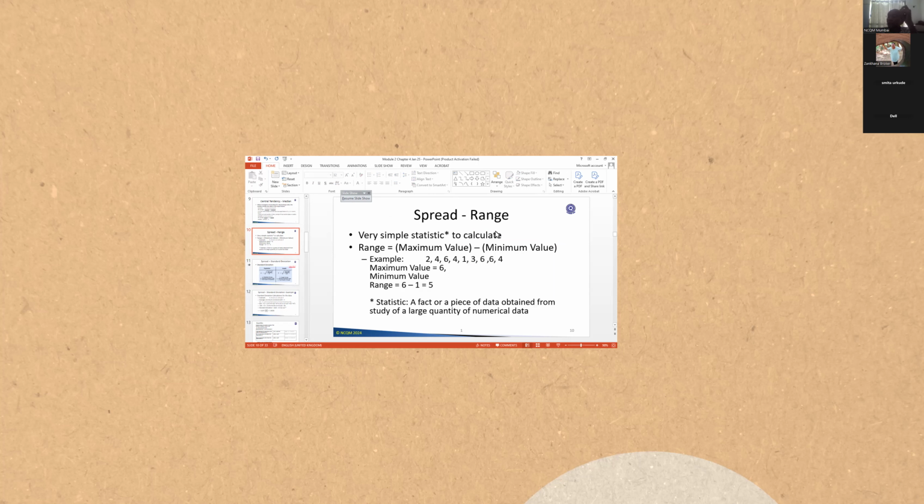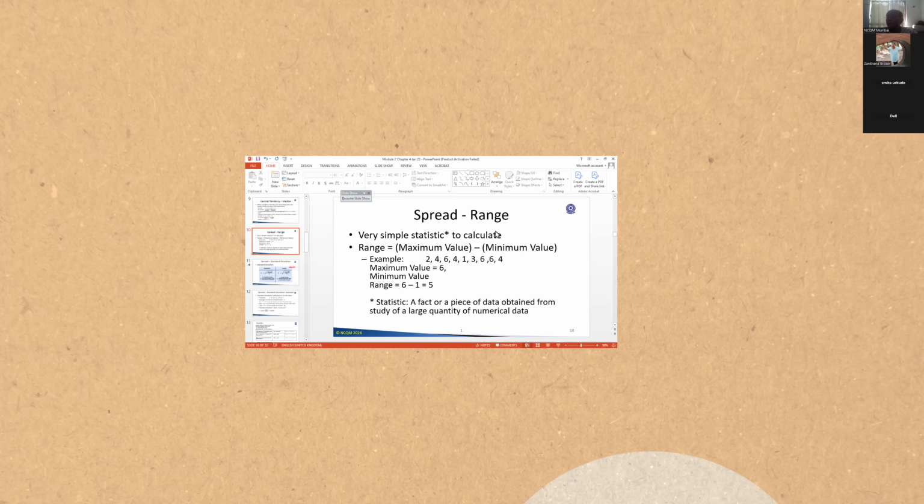So what is the average? You need the average, no? In that formula, there is xi minus x bar. That means you need the x bar. So what is x bar here? Add all these values. 2 plus 4 plus 6, that is 6 plus 6, 12 plus 4, 16 plus 1, 17 plus 3, 20 plus 6, 26 plus 6, 32 plus 4, 36.